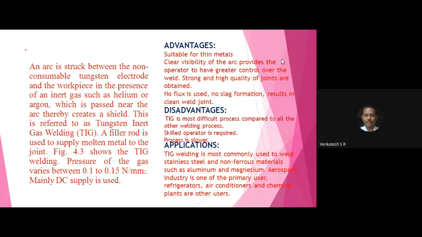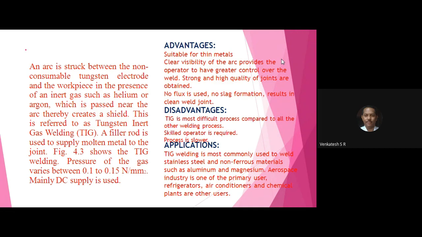These are the advantages. Disadvantages, the process is a little bit difficult, and the cost of tungsten electrode and the inert gas used are costly. The operator should be experienced. For that reason, a skilled operator is required, and the process is very slow. So these are the few disadvantages.